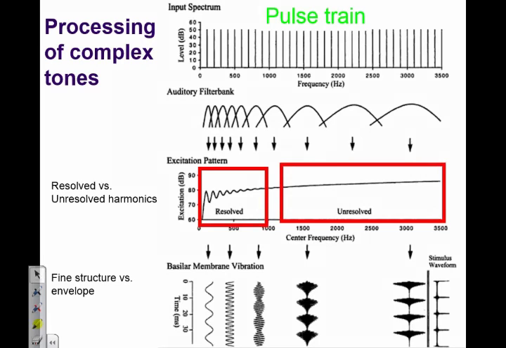Because, just translate that, this is a 100 Hertz pulse train. So how often is there a pulse in time? If you plot that as a function of time, what's the periodicity? 100 Hertz?